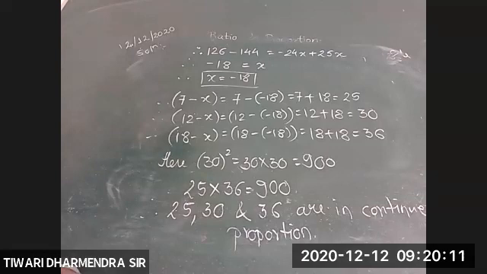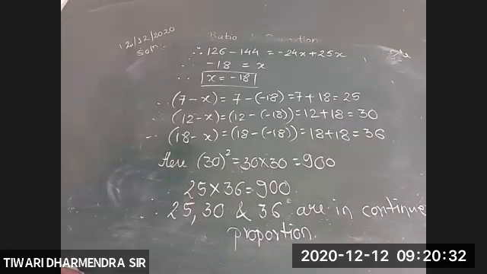Let's move to another method in continued proportion, that is the K method. K method is used to solve examples based on equal ratios, that is equal proportion, that is a by b is equal to c by d type.